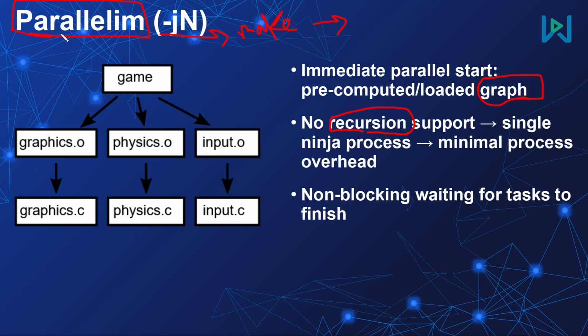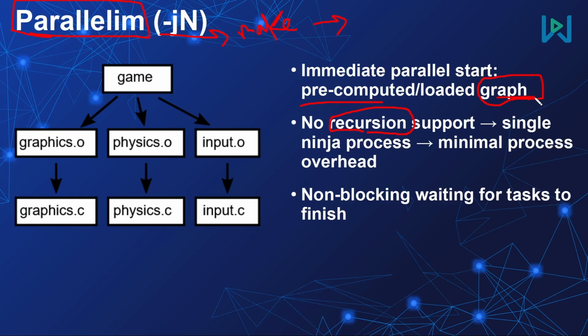In Ninja, we have a pre-computed dependency graph. So Ninja is already aware of the different rules that will be executed, and it doesn't need to evaluate those rules to create the list of the dependencies.